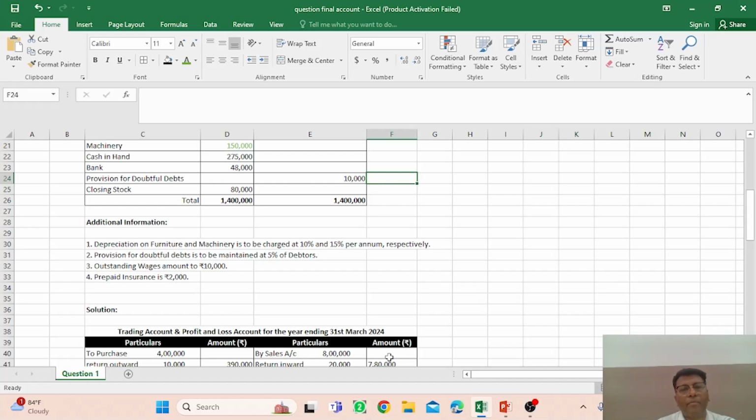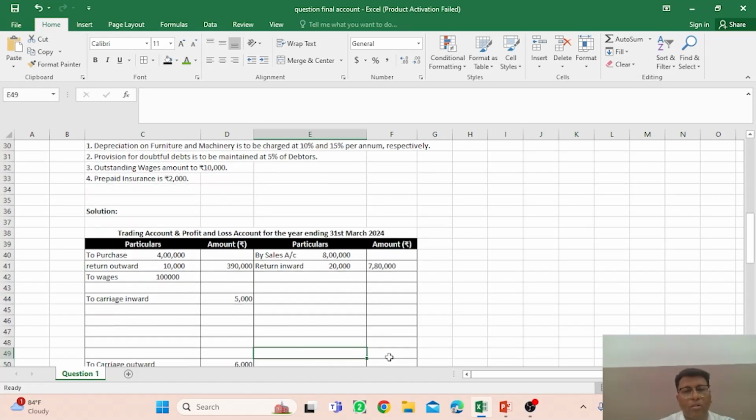Provision for doubtful debts has been given to you, 10,000. So this is the credit balance basically. When there is a particular adjustment on debtors, like provision for doubtful debt, it is to be maintained at debtor. So you have to calculate 5% of debtor, right? Just try it. How to show it?